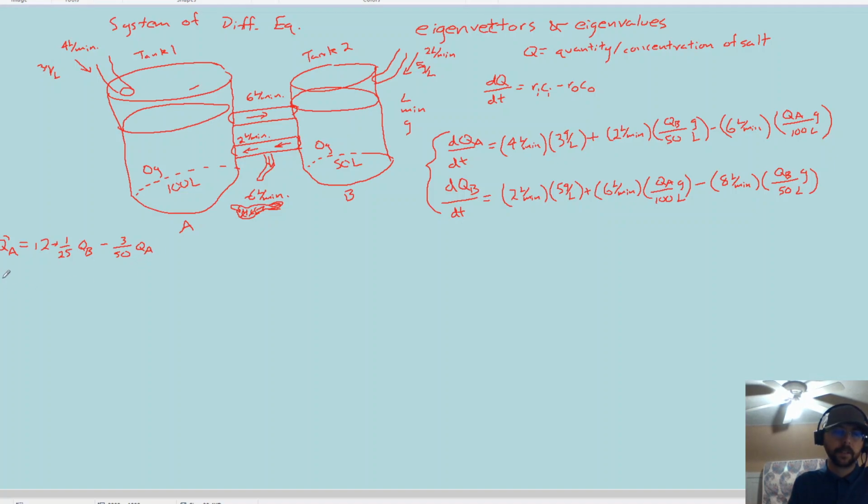And then I just wrote that off the screen a little bit. QB, the change in B, is going to be equal to 10 plus 3 over 50 QA minus 4 over 25 QB.